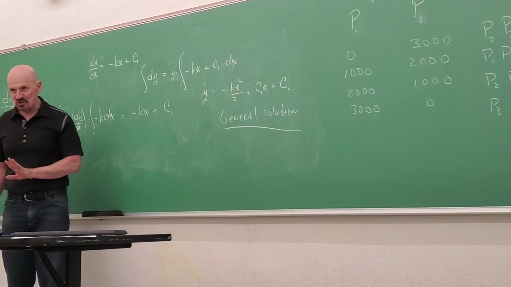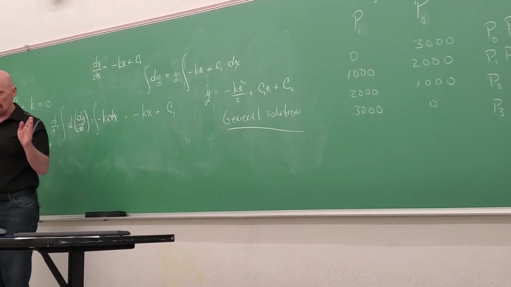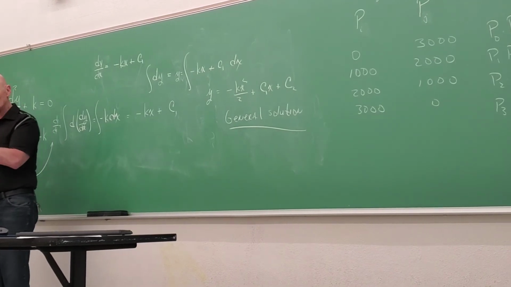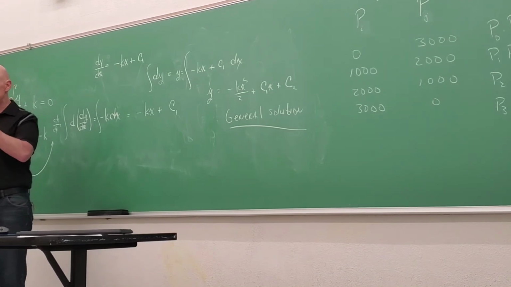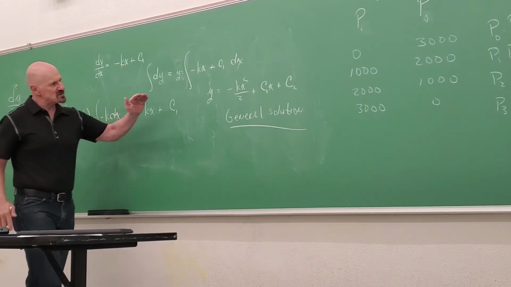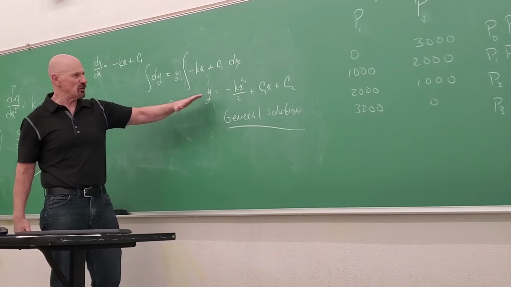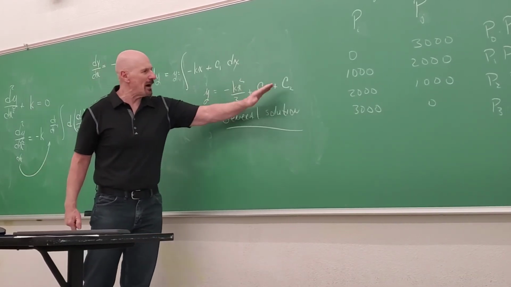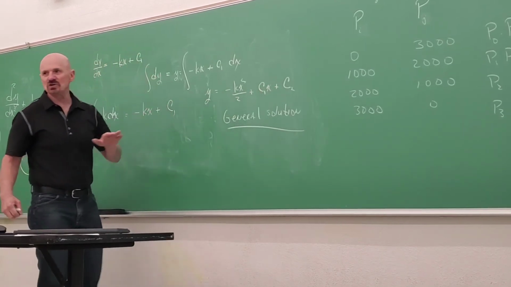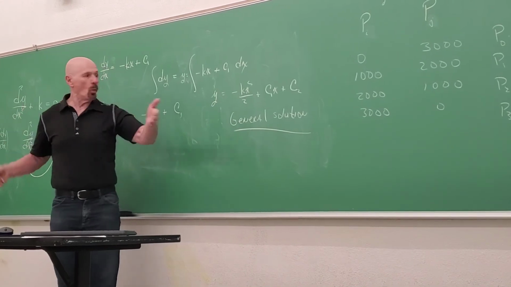Now what we have to do is apply two different terms. If it is in classical mechanics, I have to apply what are called initial conditions. So this is now a distance, whatever this may be. I have to evaluate C1 and C2 by saying, well, when x is 0, what is y?